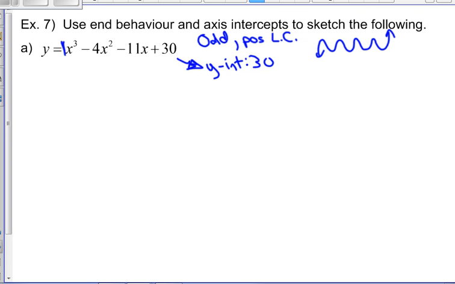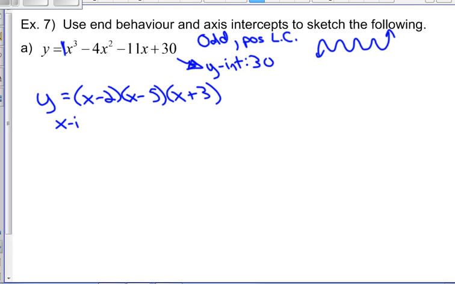And if we hadn't known that, we could just go ahead and find it. So we got y equals (x minus 2)(x minus 5)(x plus 3). It's just another way of writing the same polynomial, telling us that there are x-intercepts at negative 3 coming from this one, positive 2 coming from this one, and positive 5 from this one.